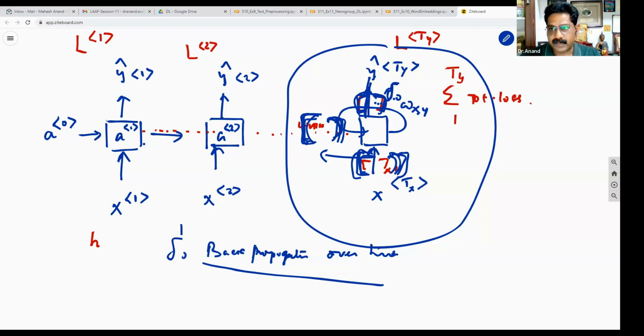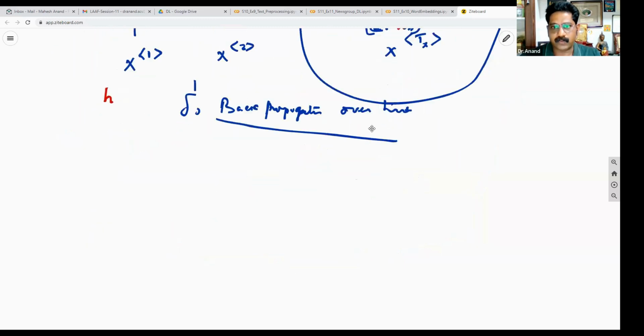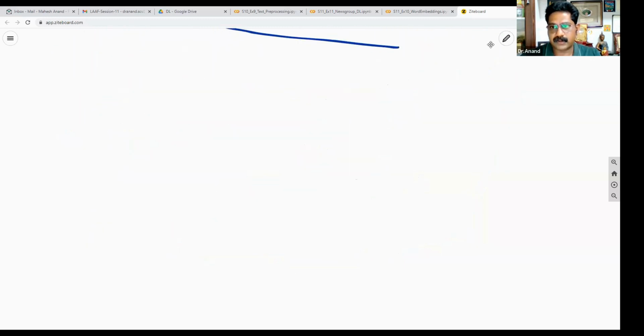So, to summarize the mathematics involved in your RNN calculations, hereafter let us use the standard notation used in the literature. I'm going to summarize your RNN equations.